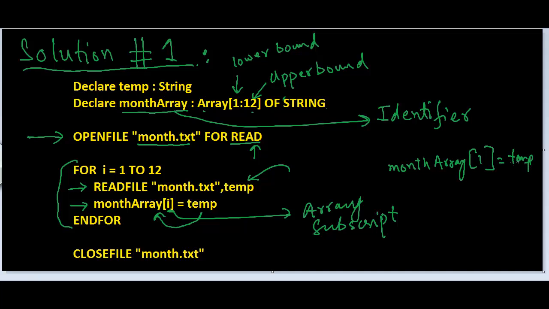So this is when the loop runs the first time. The loop runs the second time, I becomes 2, so this is going to be 2. So this time the value of temp is going to be saved in the second element of the array. So the loop runs the third time, the value of I becomes 3.